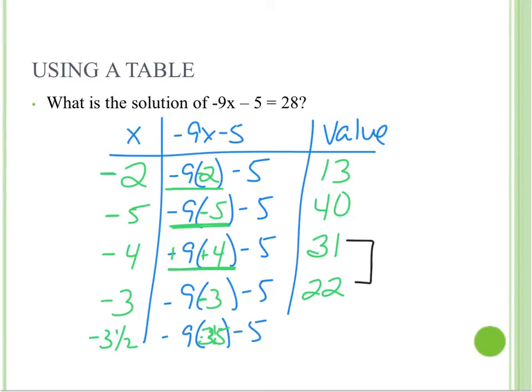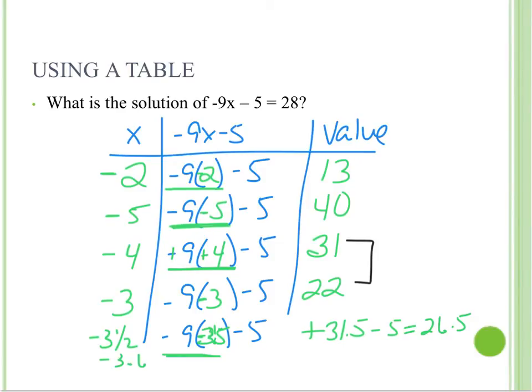Negative 9 times negative 3.5 would be a positive 31.5, minus 5, which equals 26.5. Not quite there yet. So we're going to have to go a little bit bigger. Let's try negative 3.6. And I bet that would get it.